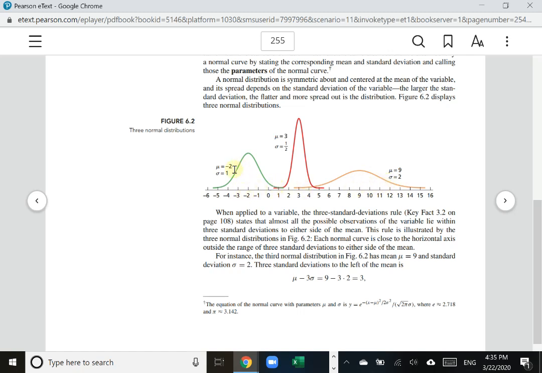Because the mean defines the location of the distribution, we call the mean mu the location parameter, and the deviation, which determines the shape, how narrow, how tall, or how wide and flat the distribution is, we call the scale parameter.